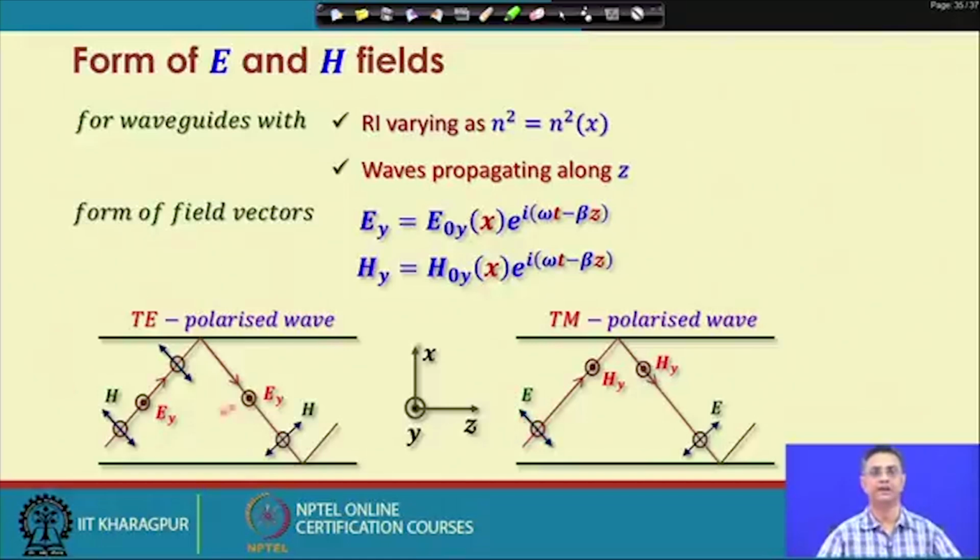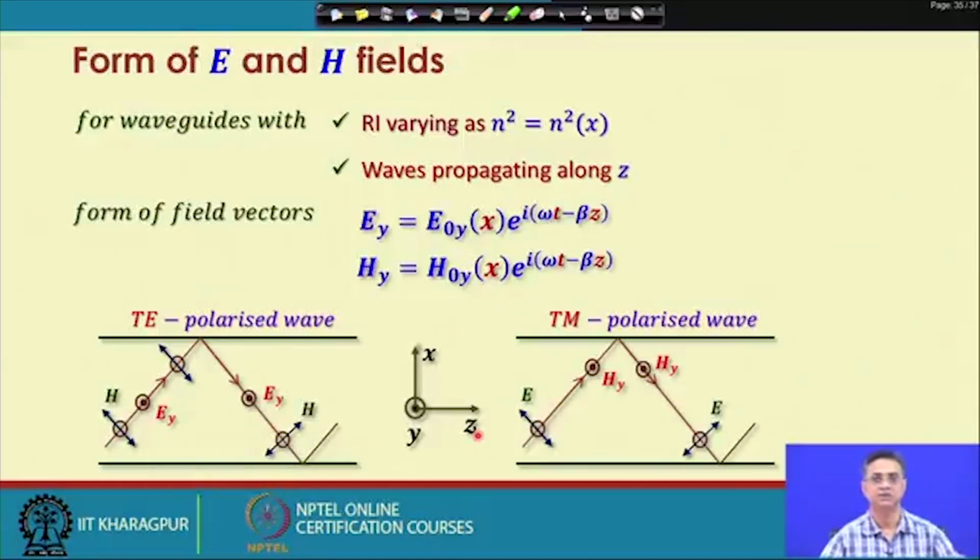So, for the TE polarized wave, we will have three components of the field vectors: E y, H x and H z. Similarly, for the TM polarized wave, you have three components of the field vectors: H y, E x and E z.